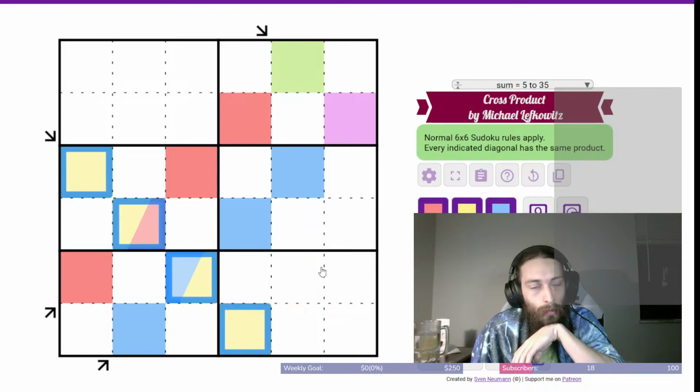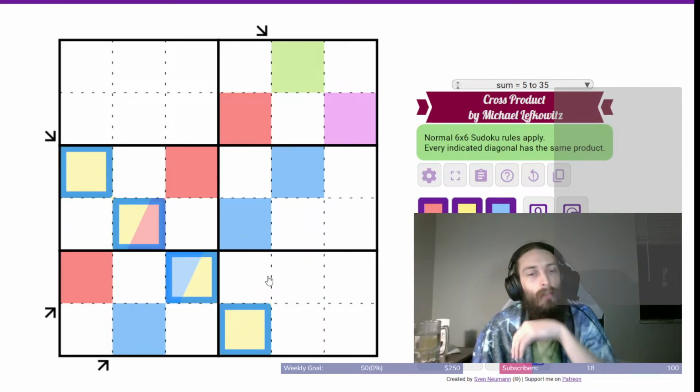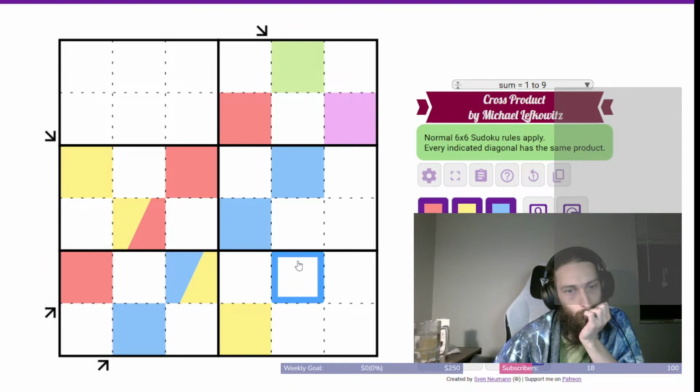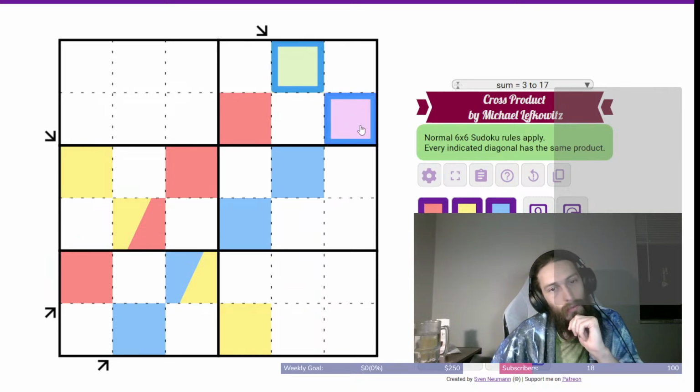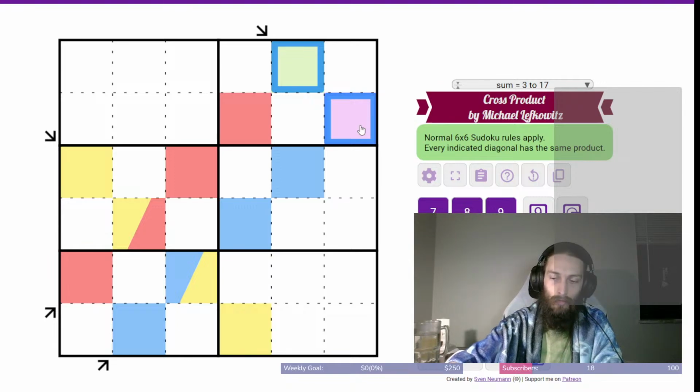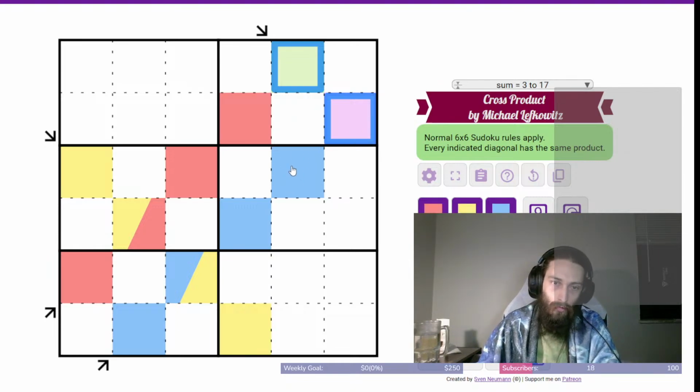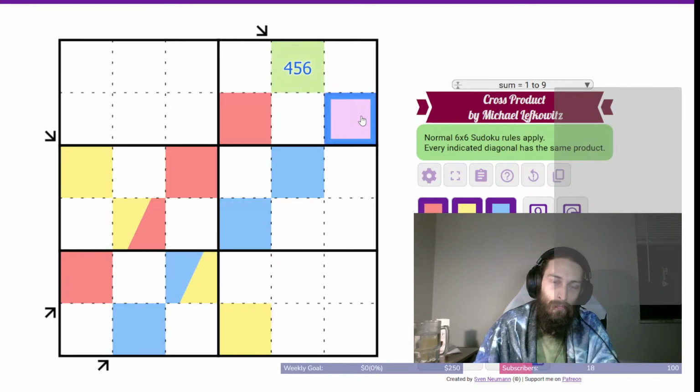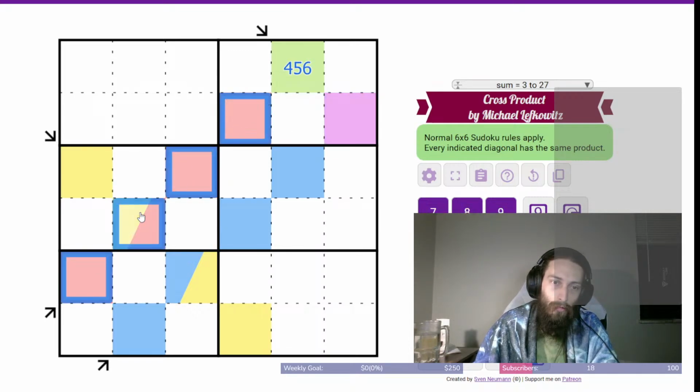Trying to think how this one plays in. Well, we know neither one is. Okay, purple can't be 5, minimum 4. No, red could be 5.